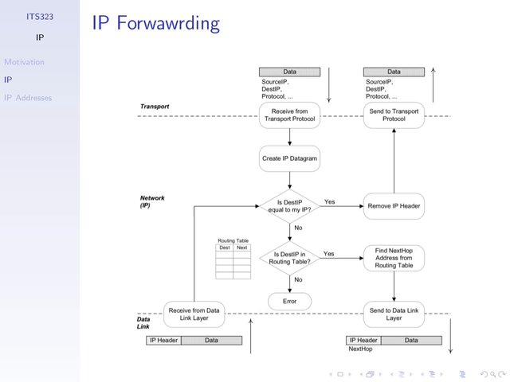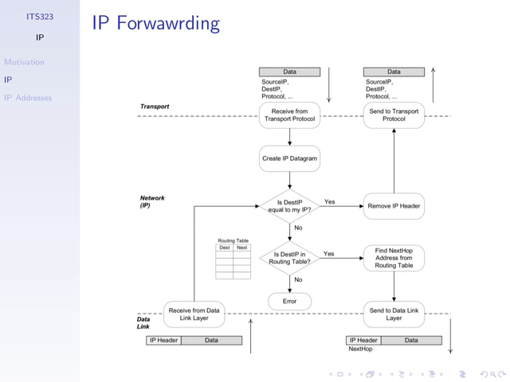We send to the data link layer, transmit across the data link layer, and it's going to be received by our host. A datagram with a source of 1 and destination of 11. The host receives the datagram.